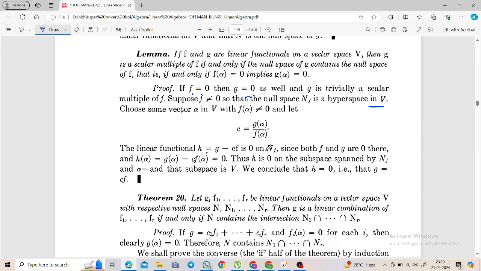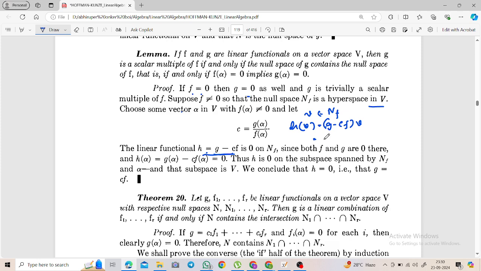Why is this 0 on N_f? Because if you take h(v), it is (g minus cf)(v), where v is in N_f.